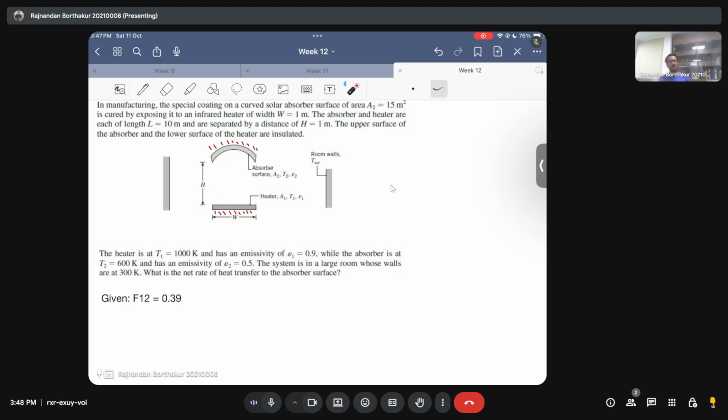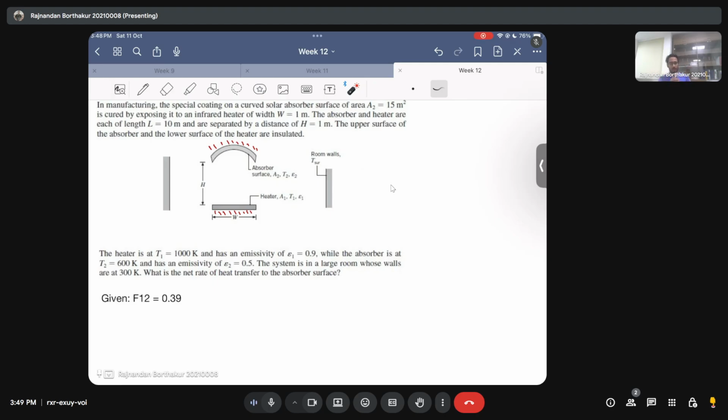However, there is also the surrounding where the absorber and heater are kept. And the surrounding is also going to take part in the exchange of radiation, which means there is also radiation exchange between the heater and the surrounding, and between the absorber and the surrounding. Which means you cannot just consider the absorber and the heater alone to calculate the net radiation exchange.